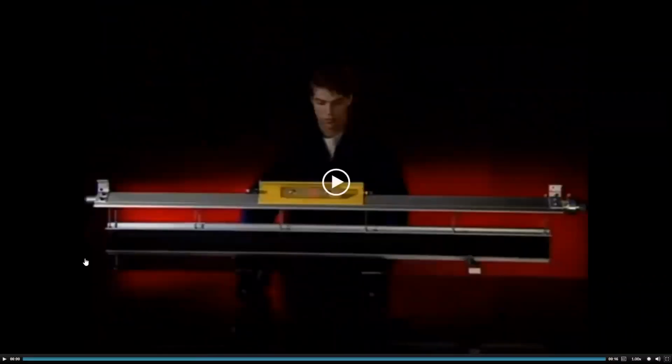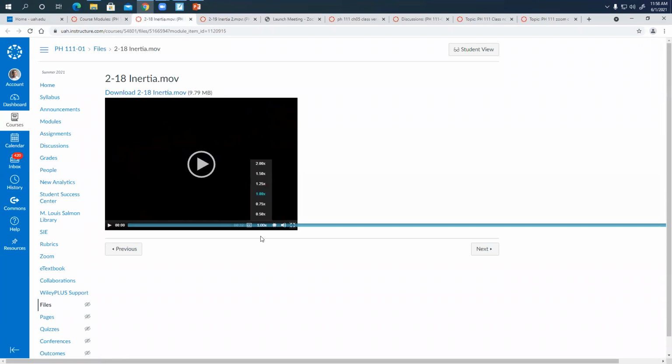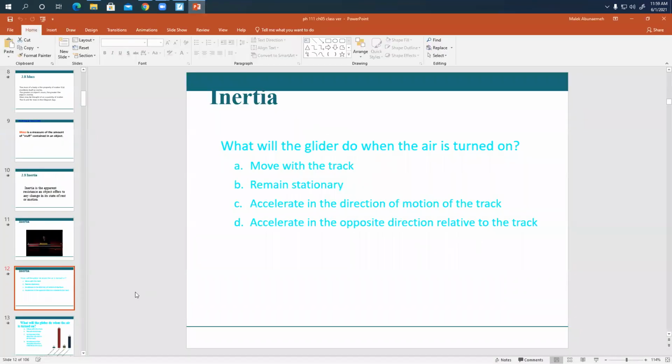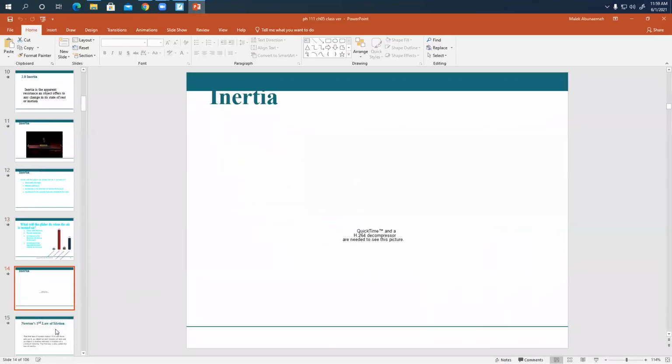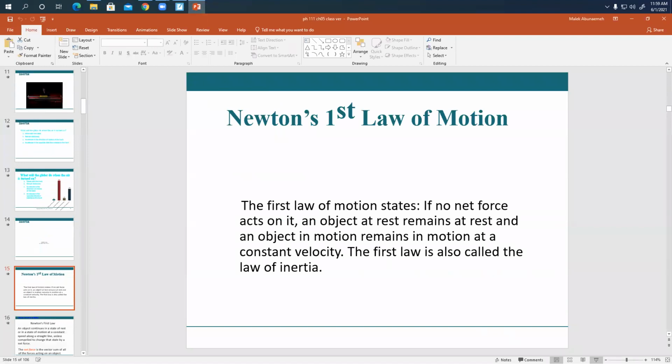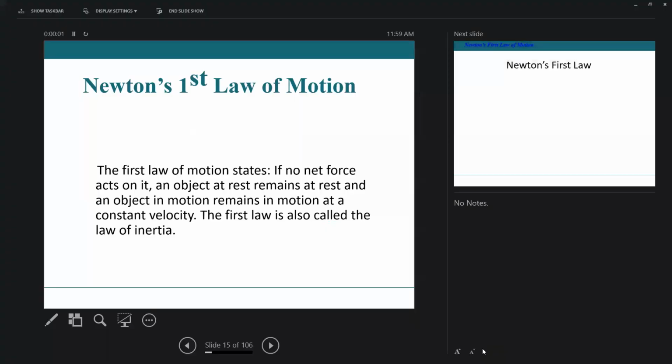Which brings us to Newton's first law of motion. Newton's first law of motion says, if no net force acts on it, an object at rest remains at rest, and an object in motion remains in motion at a constant velocity.